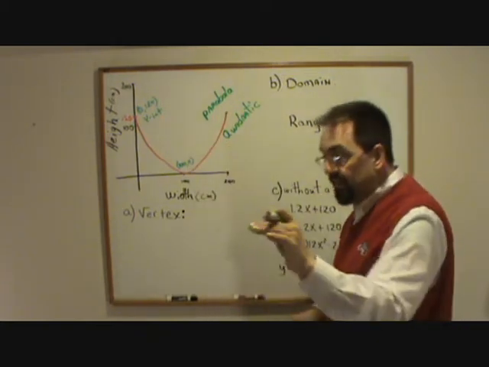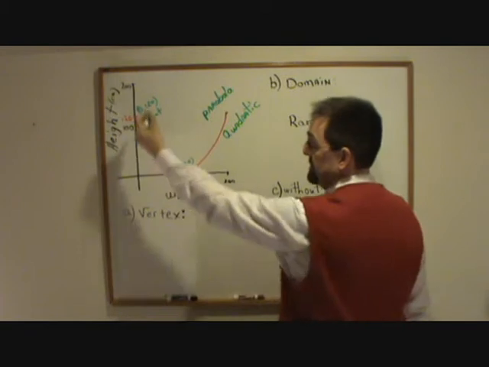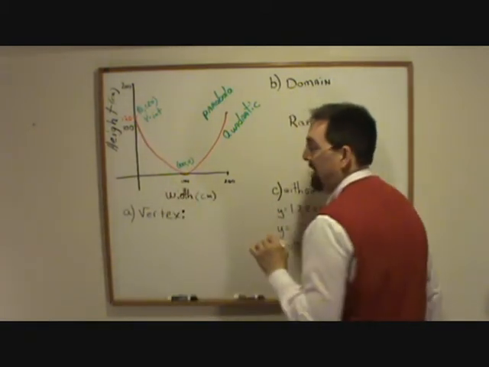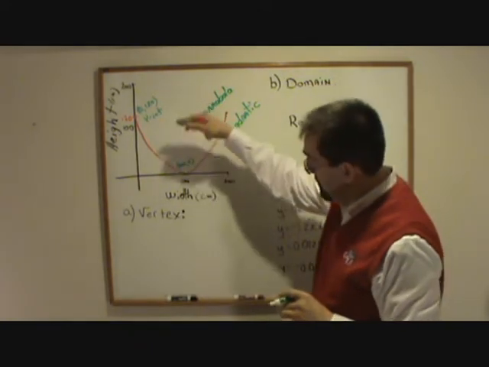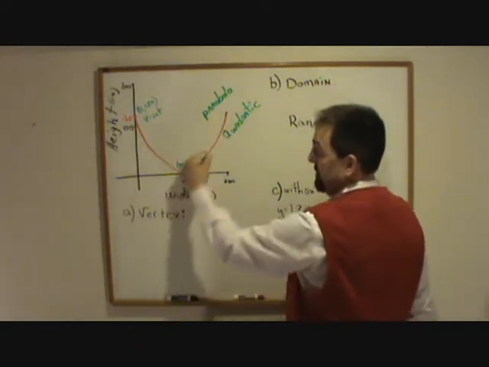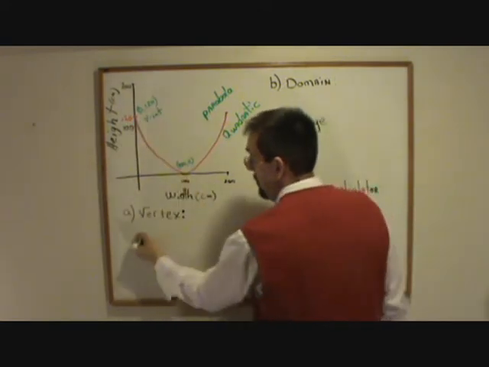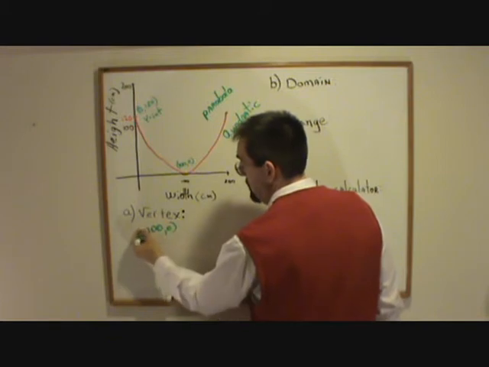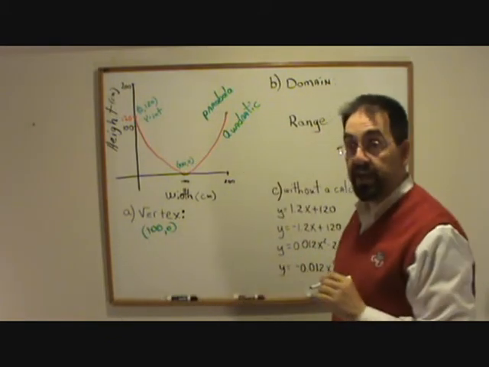Parabolas, quadratics, they have a minimum or a maximum. Since this one opens up, it has what we call a minimum. That minimum or the maximum is the vertex. So in this case, since it opened upwards, 100, 0 is the answer to the vertex.